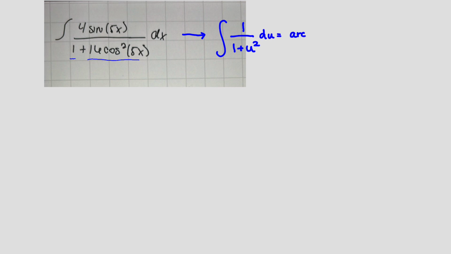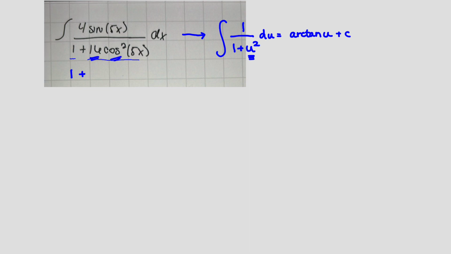So my brain says, is there a way for me to somehow change that into this pattern using a u-substitution? Well, let's see. Notice if I want to change that first one into 1 over 1 plus u squared, I have to start here by looking for an item to be u. If I look on my bottom, I actually have 1 plus 16 cosine squared.